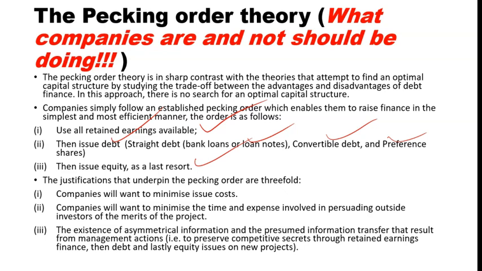The justifications that underpin the pecking order theory are that companies want to minimize issue costs. Retained earnings do not have those costs attached because they are our own funds already. Then companies want to minimize the time and expense involved in persuading outside investors of the merits of the project.